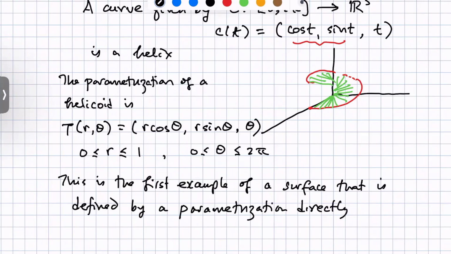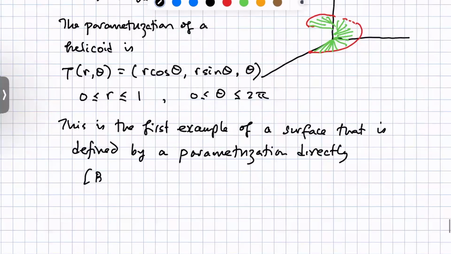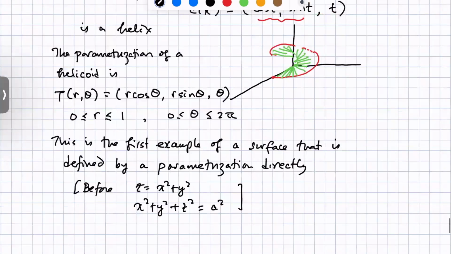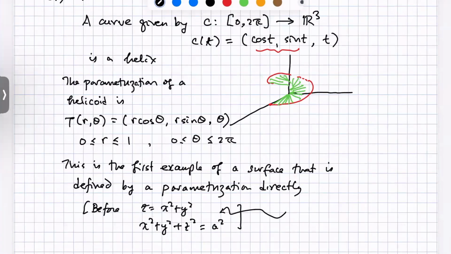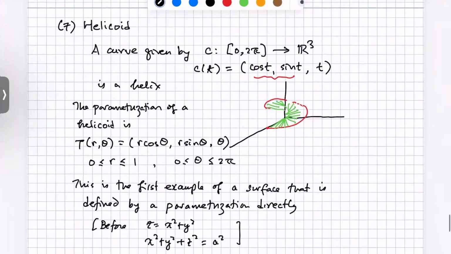Before, we always had an equation to start with, like z equals x squared plus y squared, or x squared plus y squared plus z squared equals a squared, and then we transformed it into a parametrization. Here, the helicoid, it's actually very, very difficult to write a helicoid in terms of something like this. And so we just directly define it by the parametrization without first going from some closed formula.